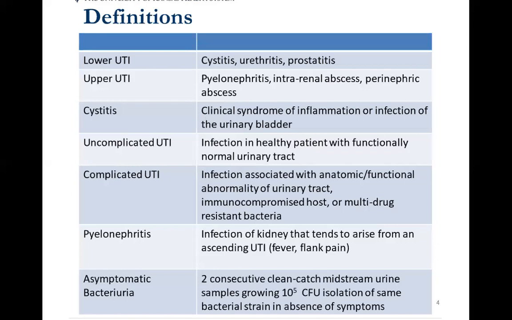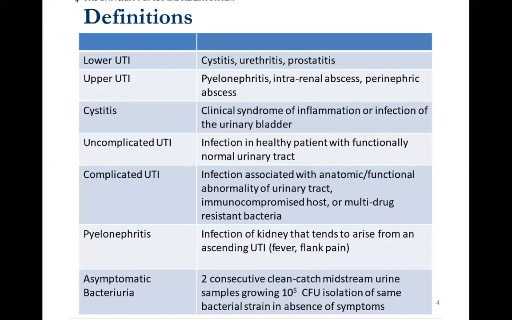Then there's this terminology called complicated and uncomplicated UTI. Different books or clinicians have different interpretations of these terms. But generally, uncomplicated urinary tract infection is somebody getting an infection in the absence of any other risk factors or underlying anatomical abnormalities in the urinary tract.